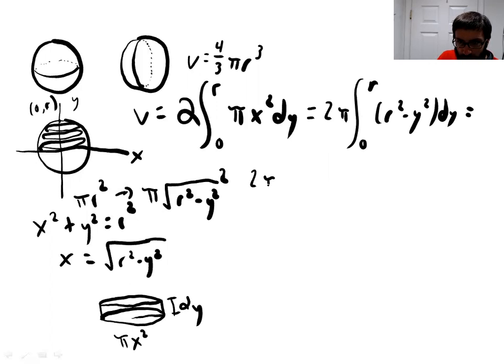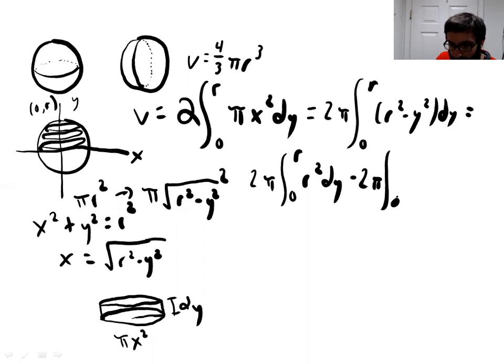We're going to split that up into 2 integrals because we're subtracting integrals, and we're allowed to do that. So it's going to be the integral from 0 to r of r squared dy, and then minus another one. We'll carry through the 2 pi here: 0 to r of y squared dy.